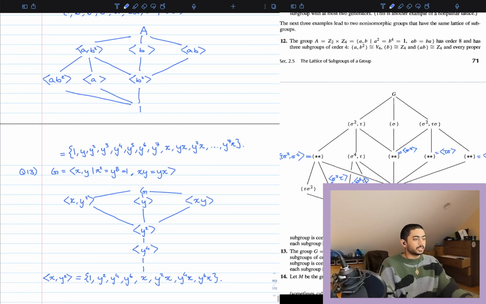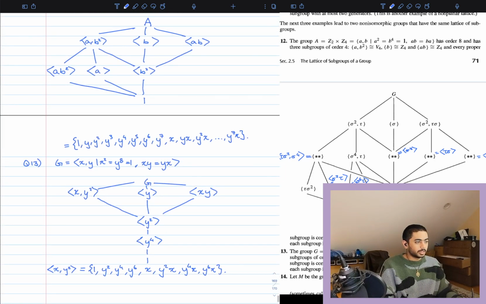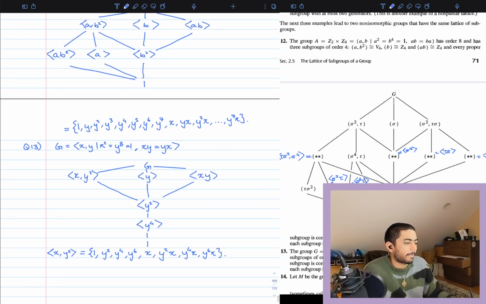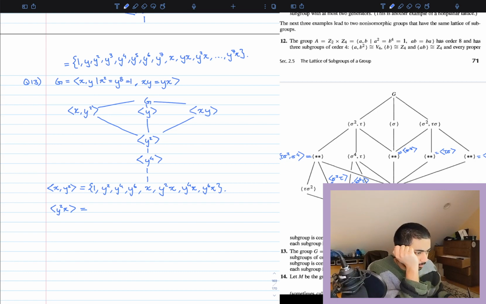So now we should see this lattice repeating itself over here. We might have to do things a little bit carefully. Let's see. So it's got the group generated by y squared. That's cyclic. There should be another cyclic group in here somewhere. I'm thinking this guy, right? So if you look at the group generated by y squared x, if this has size 4, then we'll be doing well.